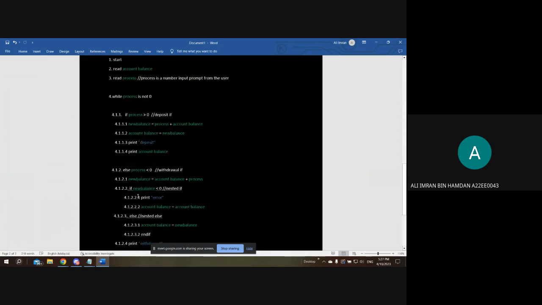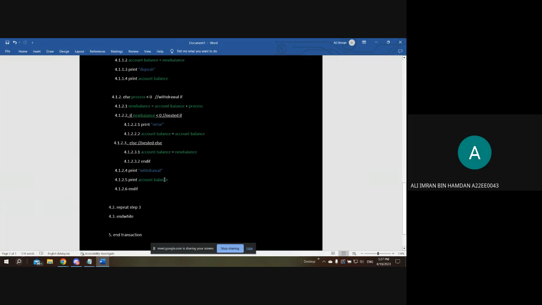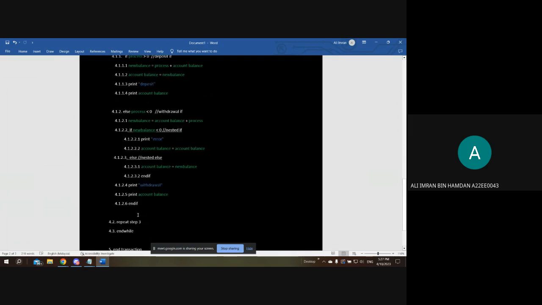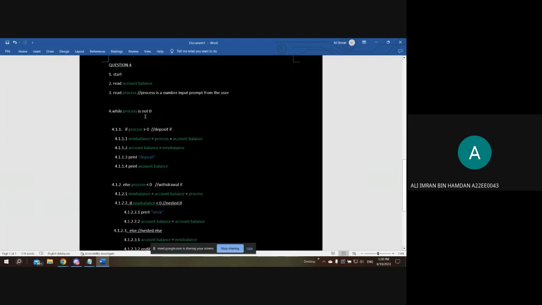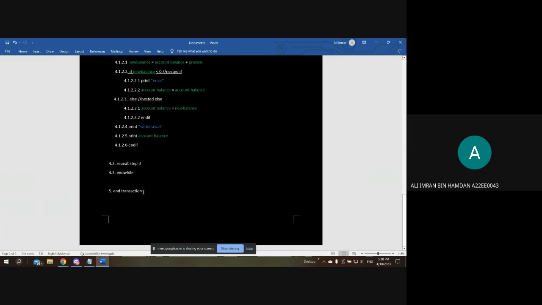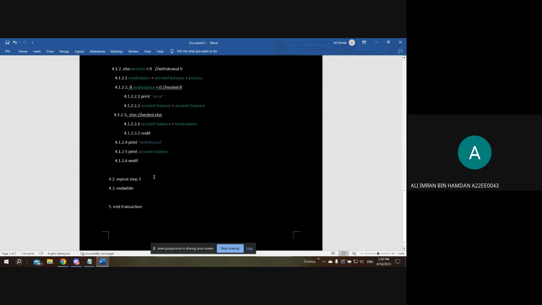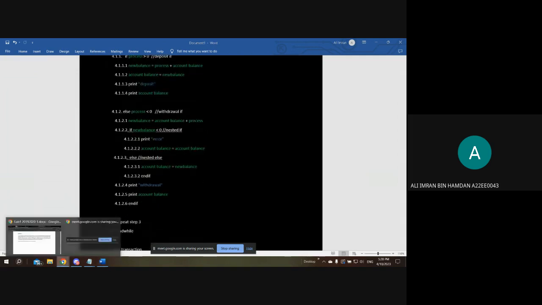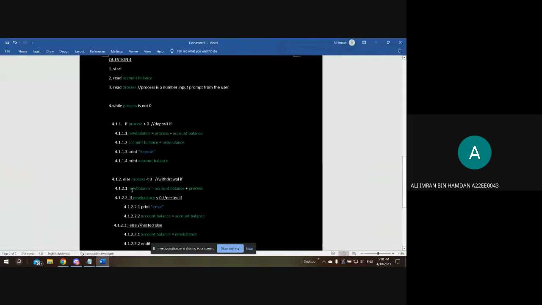And then it will repeat the whole thing over here, and then it will end while. If it's 0, it will just skip over to number 5 over here, which is end transaction. Until the user enters 0, it will just continue looping essentially forever. So that's the sentinel value part of the question, and then just end transaction.